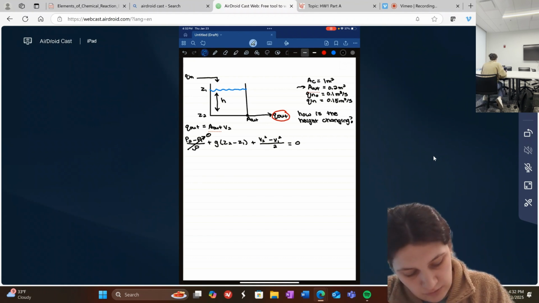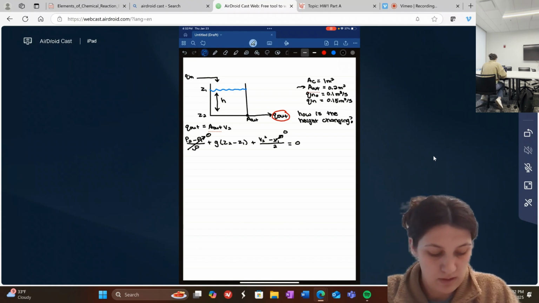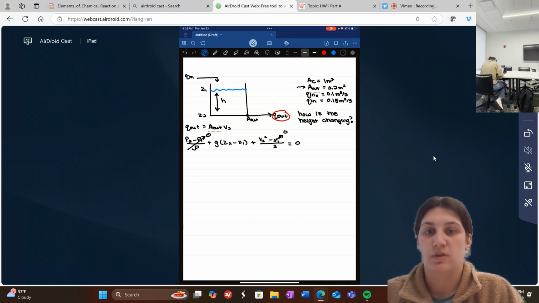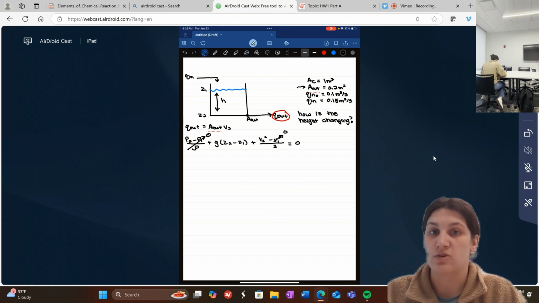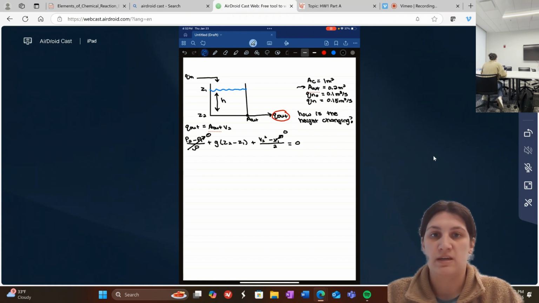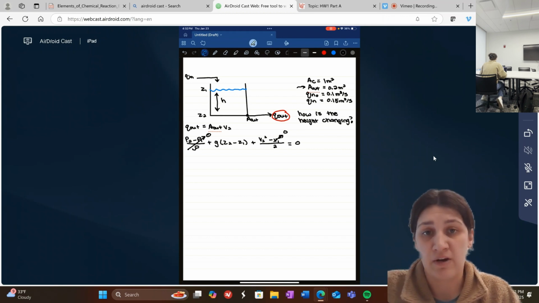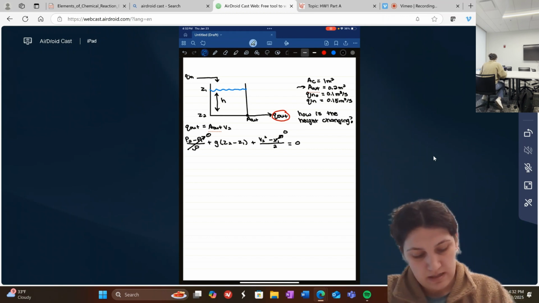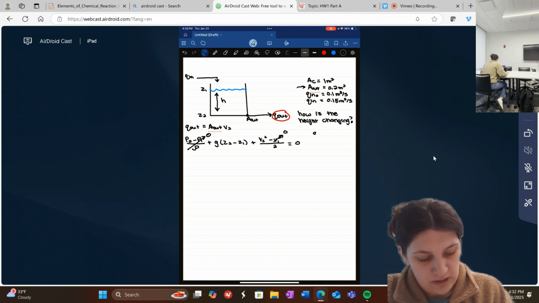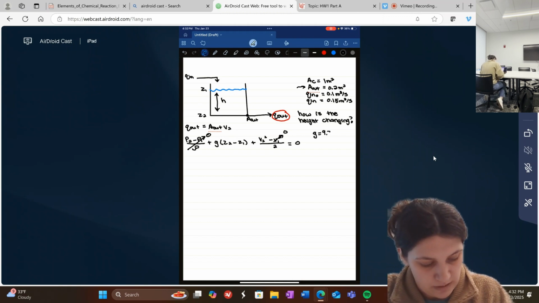We can also cancel out our V1 since the cross-sectional area of the whole tank is significantly larger than our area at the outlet. Next, we need to note that G is 9.8 meters per second squared.